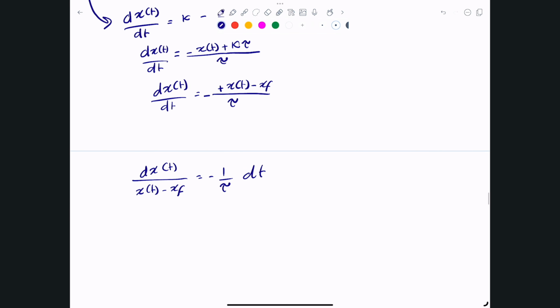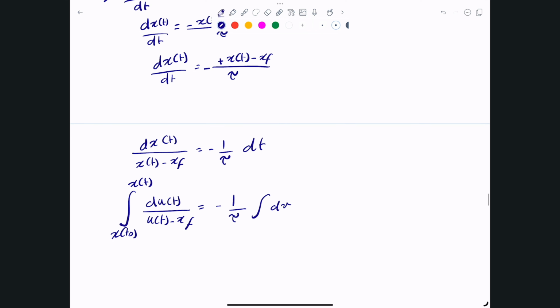And if we take the integral of both sides, what we will end up with is the following. I'm going to change the variable in here because I'll use x of t in here, and I'll use x of 0 in here. That will be, instead of x, it will be u, of x of t minus x final, which is just a constant in our case, equals negative 1 divided by tau, integral of dv, for example, or y, or whatever we want to call it, and this one here is from t0 to t.